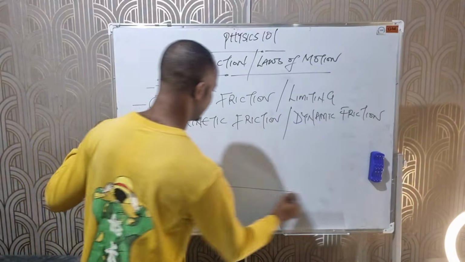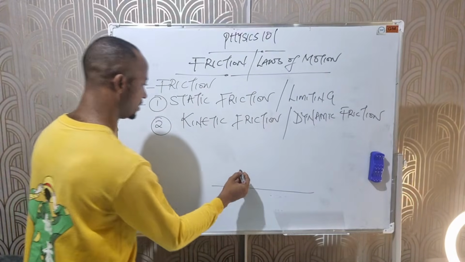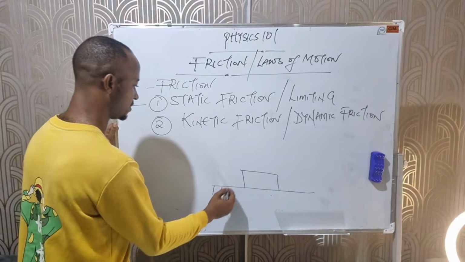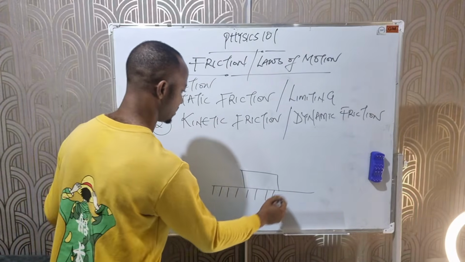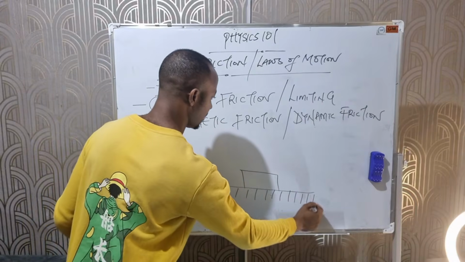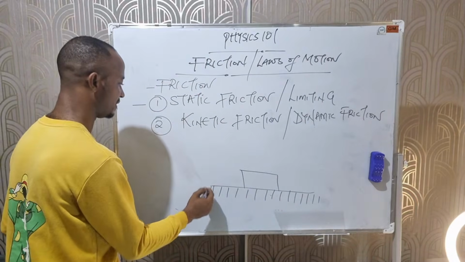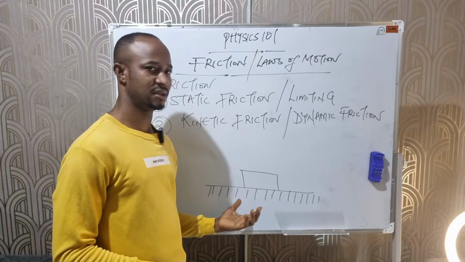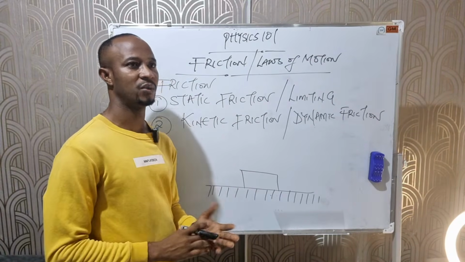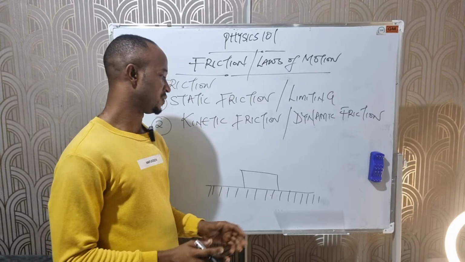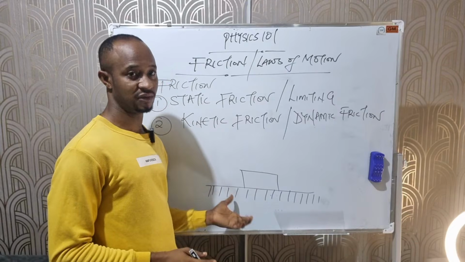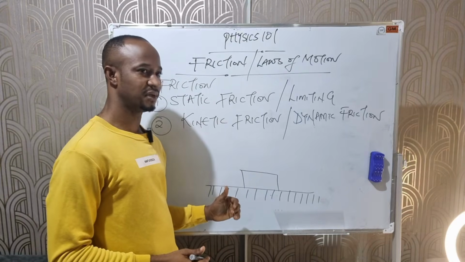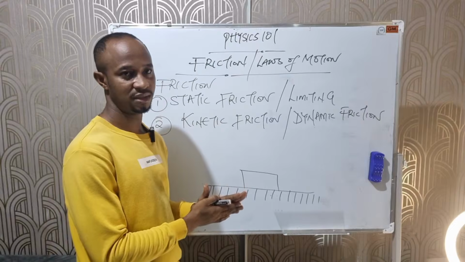Now, what do I mean by that? If I have a body placed on a rough surface, definitely, one of the implications of having friction is that the body must be placed on a rough surface. We can have a smooth surface and a rough surface. We can also have a rough surface and a rough body.